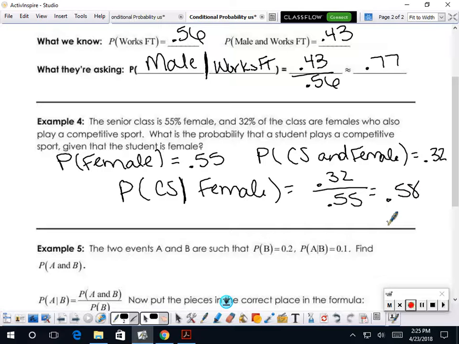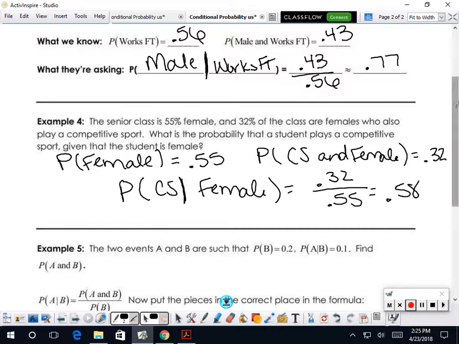And just a little bit of a tip here on this part, okay? Whenever you're dividing, okay, if you flip these and did 0.55 divided by 0.32, you're going to get a number bigger than 1. Okay, and we can't have a probability bigger than 1, okay, because if we change that to a percentage, you can't have bigger than 100% for a probability.